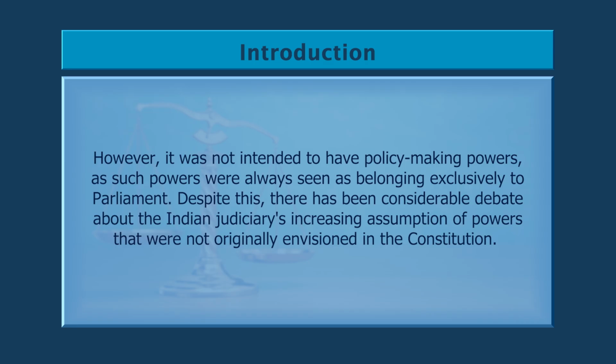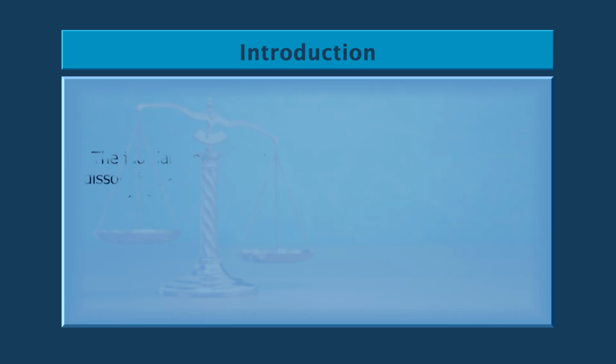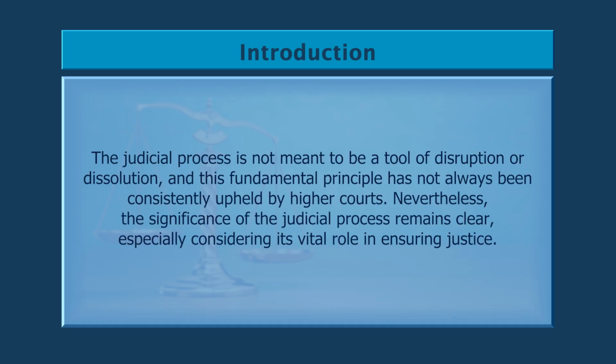Despite this, there has been considerable debate about the Indian judiciary's increasing assumption of powers that were not originally envisioned in the Constitution. The judicial process is not meant to be a tool of disruption or dissolution, and this fundamental principle has not always been consistently upheld by the higher courts.